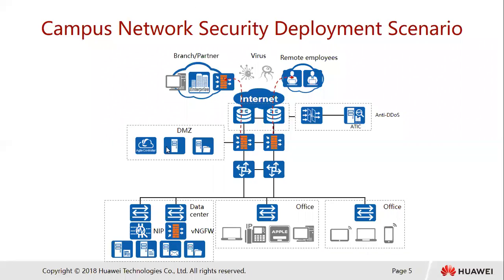So these servers, you put them here in the DMZ. And you can see one of the devices that we can have in the DMZ. It is the Agile controller. The function of the Agile controller is access control, okay? Controlling access in our network, okay?